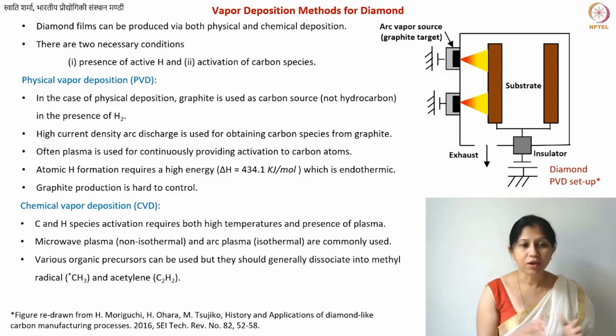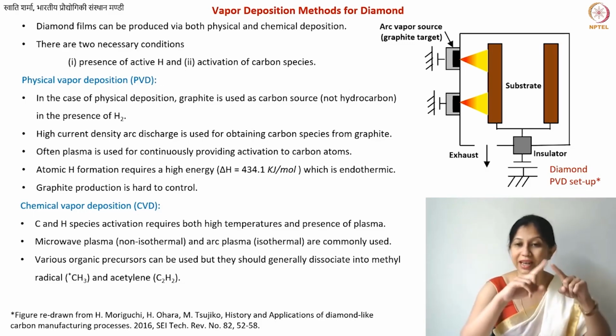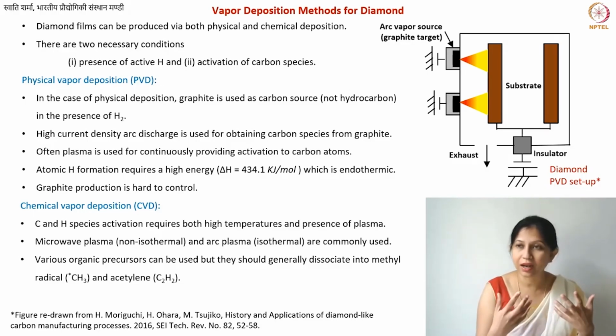So depending upon your process, you can use both types of plasma. Various organic precursors can be used, but for most of them, it is at least believed, or the proposed mechanism suggests, which I'm going to show you on the next slide, that you have this CH3 radical, or methyl radical, that is formed, and then there is an acetylene species that attaches to this pyramid-like structure, and that is how the film deposition propagates.